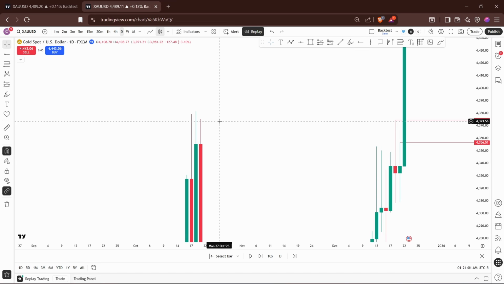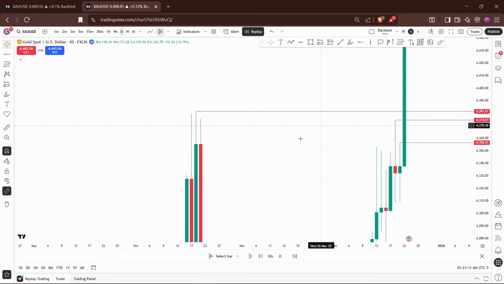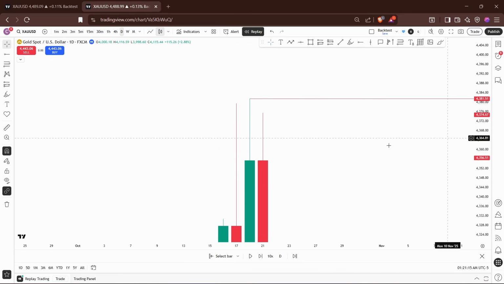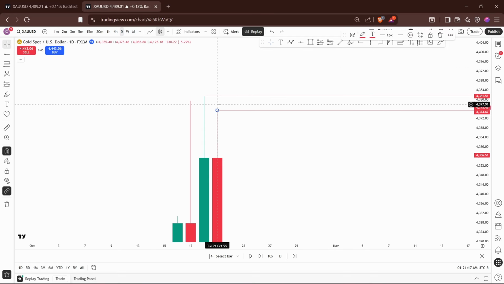And let's see if it broke another high which is fresh. This high is a fresh high which is broken by this candle, and there are two more highs, this high and this high.